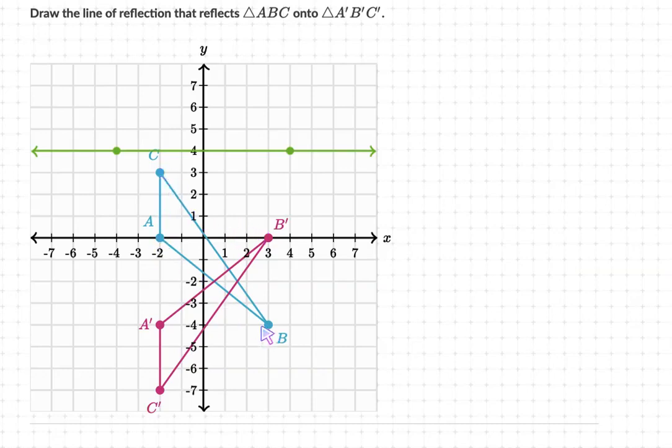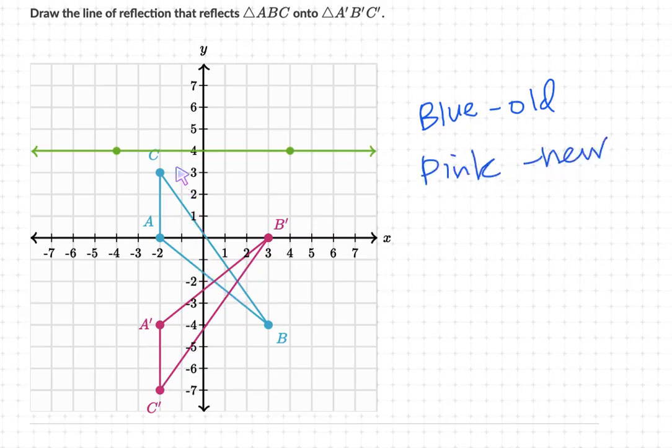So the blue one is the original, the old one, and it looks like the pink one is the new one. Okay, it's always a good idea to figure out which one's the old, which one's the new first. Pause the video and see if you can figure this out on your own first.